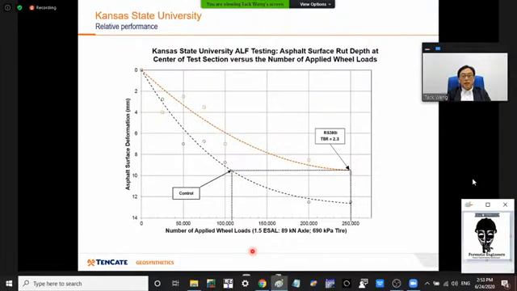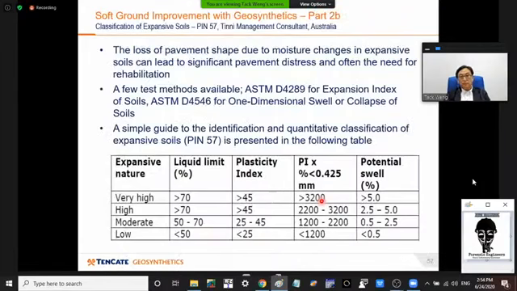Here you can see that for controlling deformation of 12.5 mm, there's a traffic benefit ratio of 2.3, and likewise, you can work out what is the base cost reduction if you want to approach it from that angle.